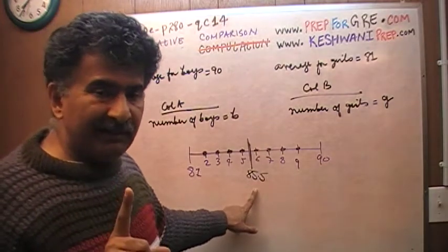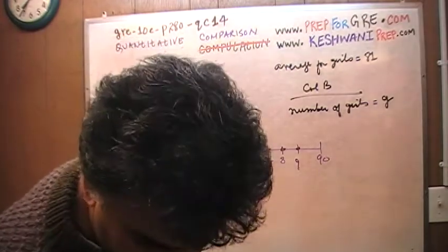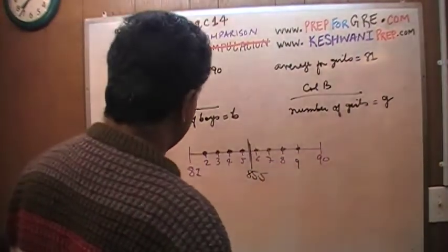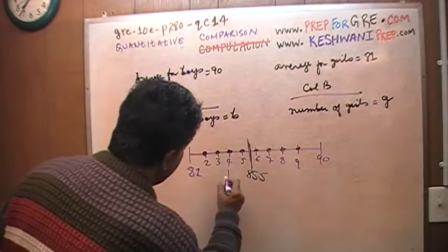But the fact that they're telling me that the overall average is 84, where should we put it? This is the overall average.